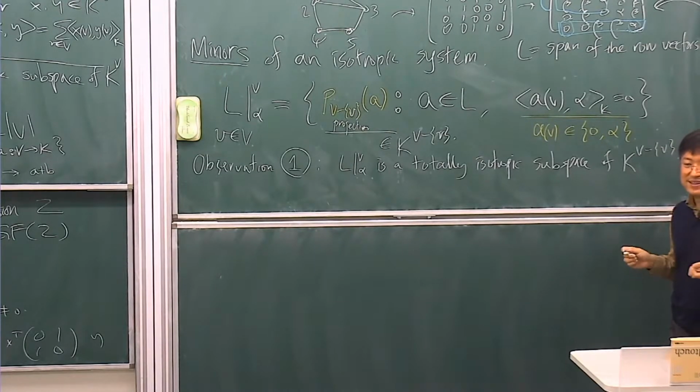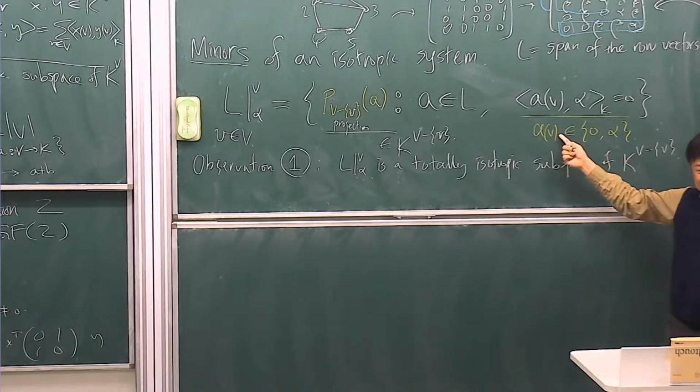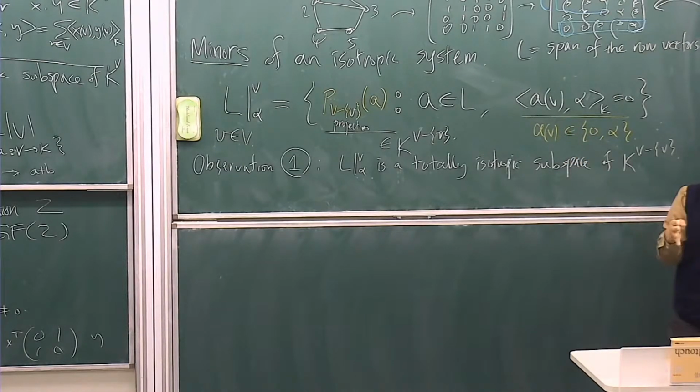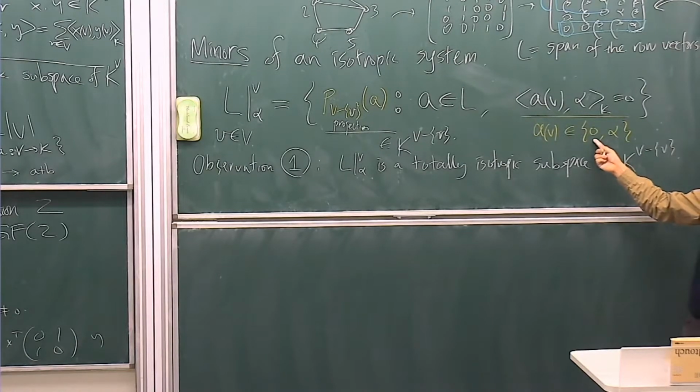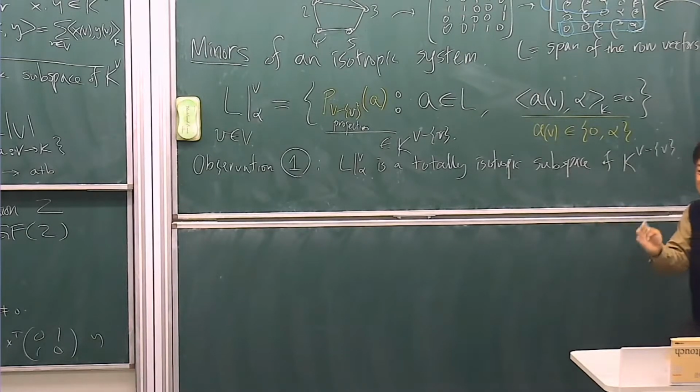Why? You ignored one coordinate, but at the ignored coordinate, the contribution to the inner product was 0. Between 0 and alpha, the inner product was 0. So if you ignore that, in the remaining coordinates you still have inner product 0. So this is a totally isotropic subspace of K to the V minus v.